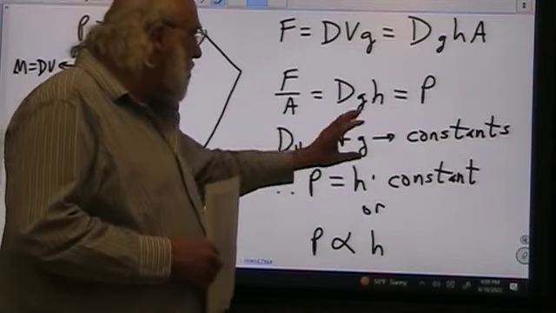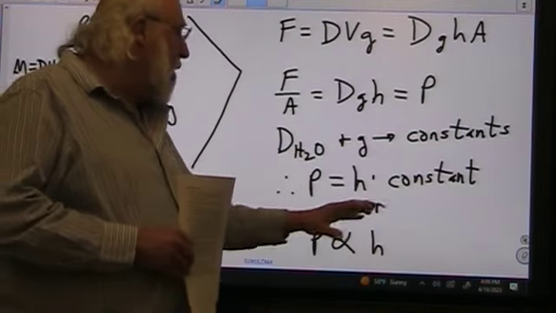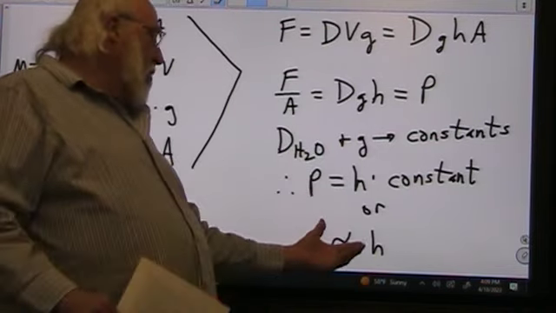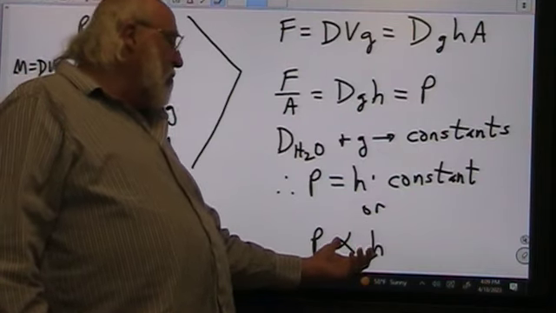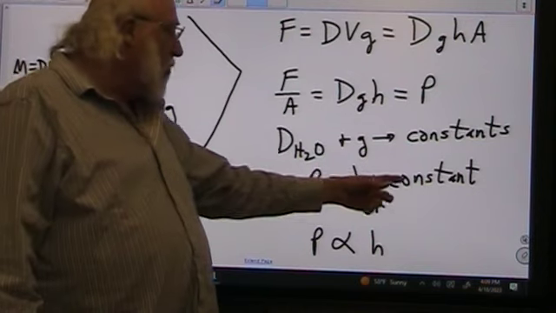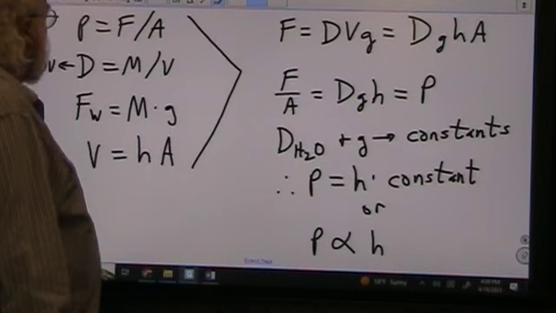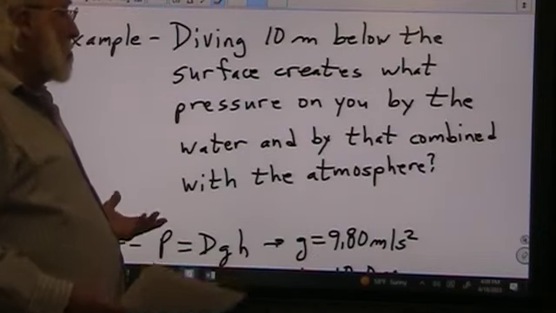So since these are constants, pressure is going to be proportional to the height. This is a proportionality statement, and this is the mathematical statement with the constant replacing the proportionality symbol.